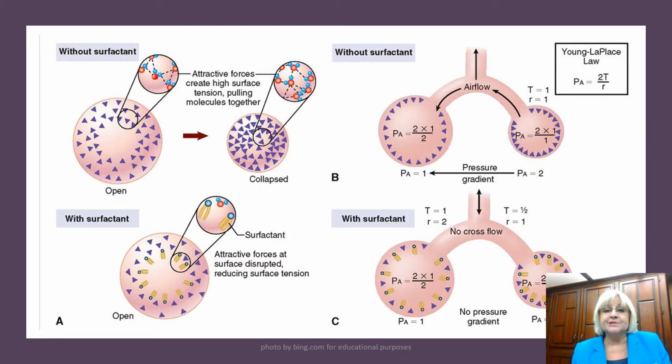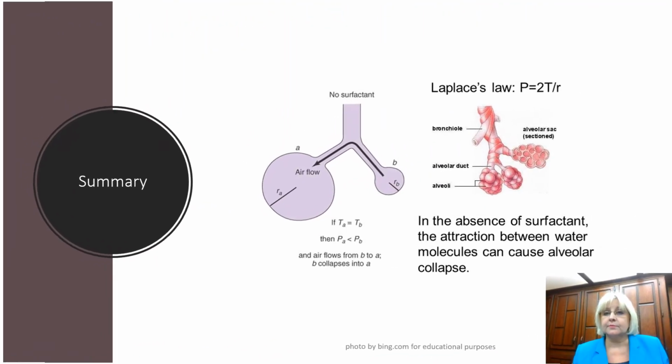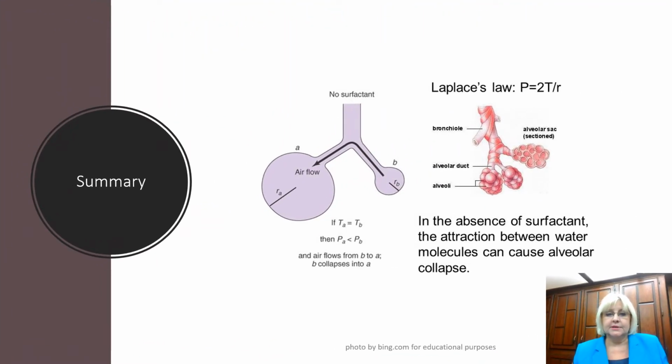So in example C, with the surfactant, there is no crossover of airflow and there is no pressure gradient, and the air sac remains without collapsing. So in summary, in the absence of surfactant, the attraction between water molecules can cause an alveolar or an air sac collapse in the lungs.